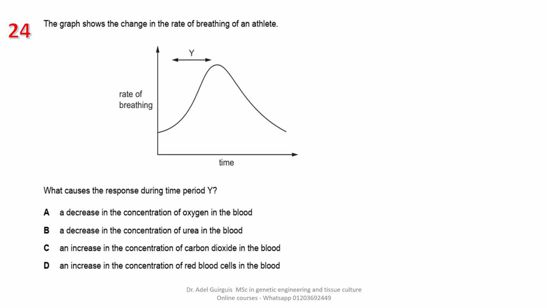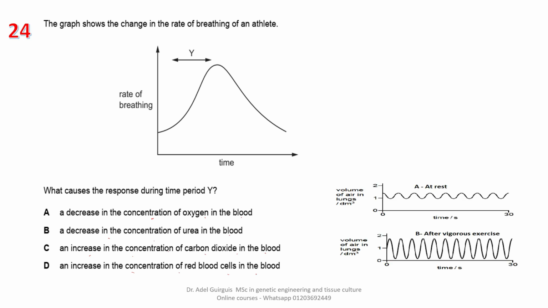24. The graph shows the change in the rate of breathing of an athlete. What causes the response during time period Y? Okay, time period Y, increasing rate of breathing. Look, a decrease in the concentration of oxygen in the blood, a decrease in the concentration of urea in the blood, an increase in the concentration of carbon dioxide in the blood, an increase in the concentration of red blood cells in the blood.